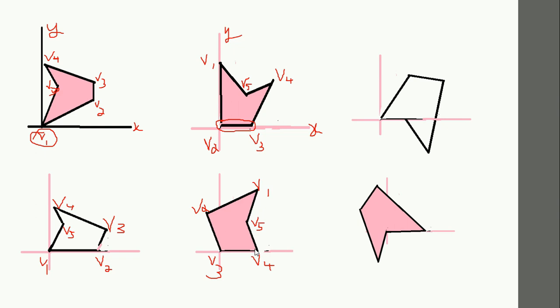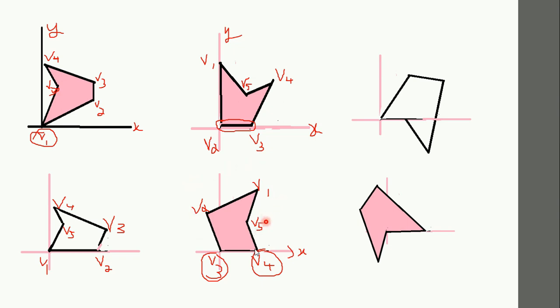Now when I place v3 on the coordinate origin, I have to place v4 also on the x-axis. So observe again, repeat the same procedure, observe the other points, where they are. They all lie above the x-axis.